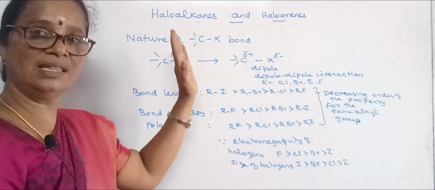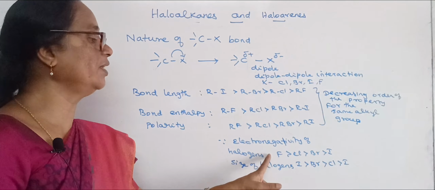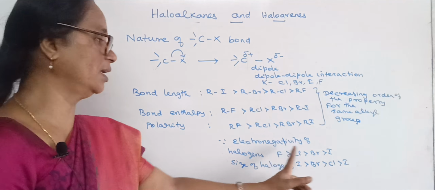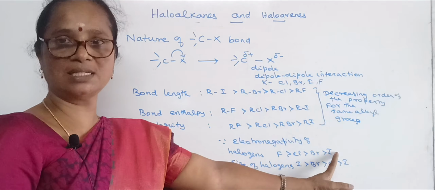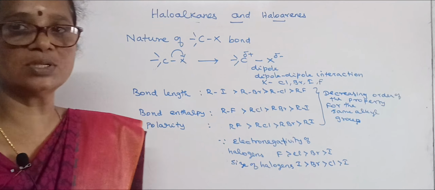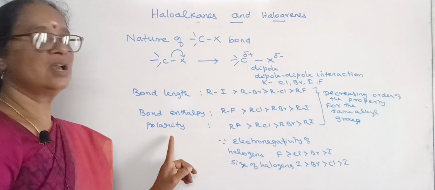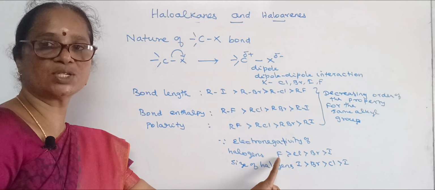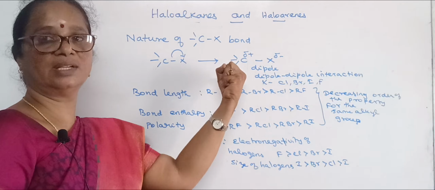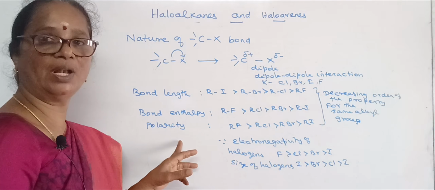We know in the halogen family, on moving down the group, electronegativity decreases. So fluorine is the most electronegative atom and iodine becomes the least electronegative atom. The electronegativity of these halogens influences the polarity of the compound. If fluorine is more electronegative, it tends to pull the shared pair of electrons more effectively and hence the dipole moment of the compound will be greater.